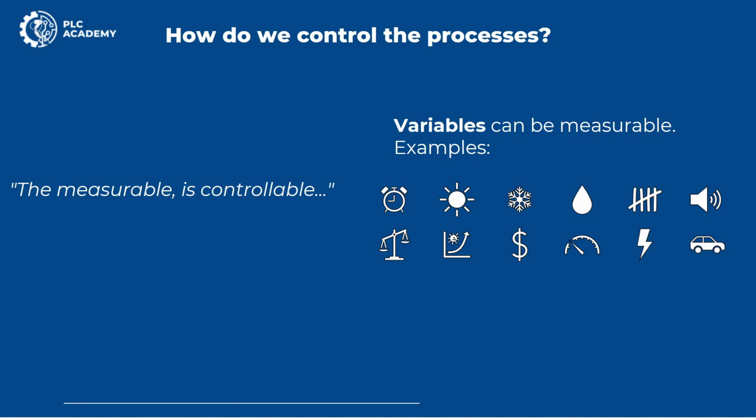Now, sun and snowflake, what do they measure? Temperature. They represent temperature in Celsius or Fahrenheit or Kelvin. Okay? Now, these are measurable, or the temperature variable. Can we control this? Yes, we can. And there are many different ways. But the most important one is to send out a voltage through a resistance.